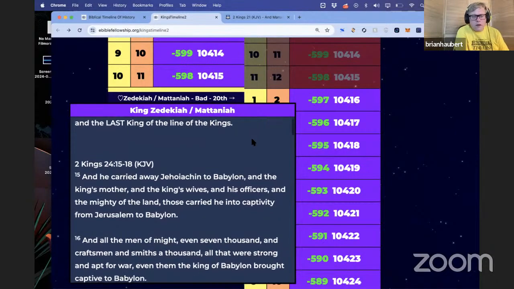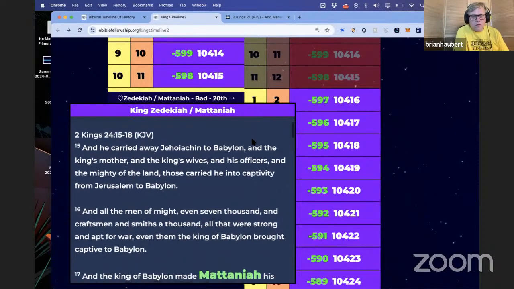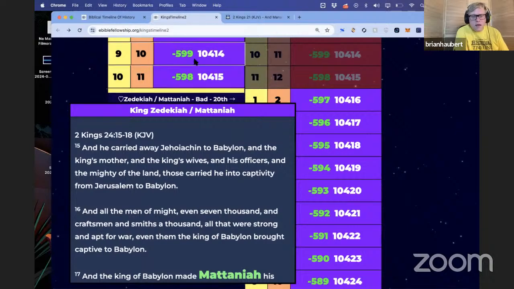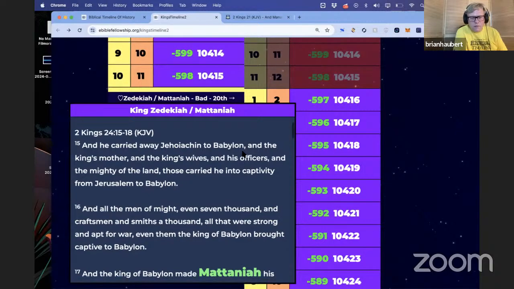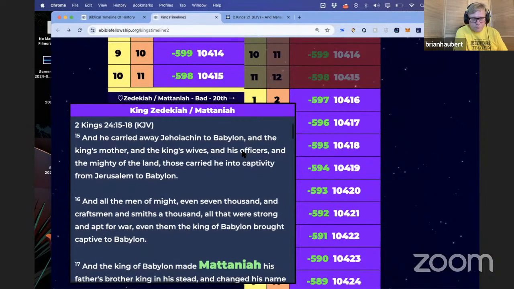In 2 Kings chapter 24, we read in verses 15 to 18, and he carried away, and this would be a reference to Nebuchadnezzar, he carried away Jehoiachin to Babylon, and the king's mother, and the king's wives, and his officers, and the mighty of the land, those carried he into captivity from Jerusalem to Babylon.